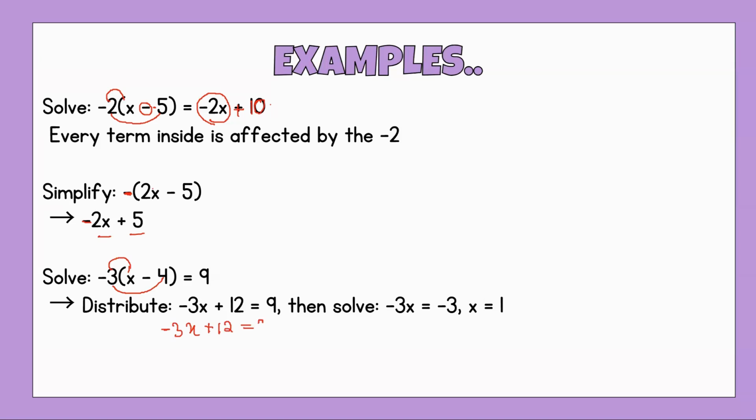Okay, and then solve for x. Minus 3x will just become minus 3 and x will just be 1. X will of course be 1 and minus 3 will be minus 3 itself.